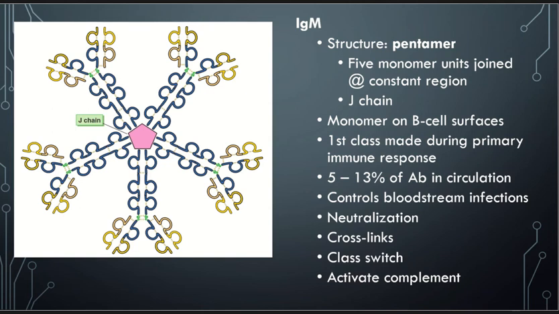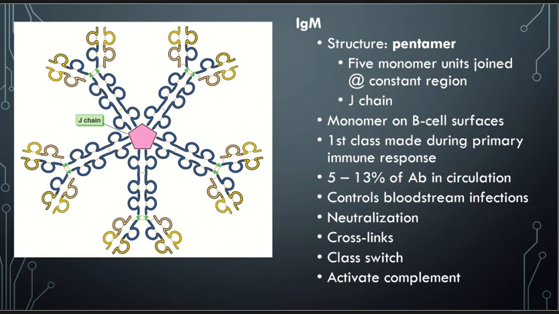This is also the only antibody that can be formed by the fetus in utero. Normally the fetus doesn't make any antibodies in utero. It pretty much lives with the passive immunity that it receives from the mom.